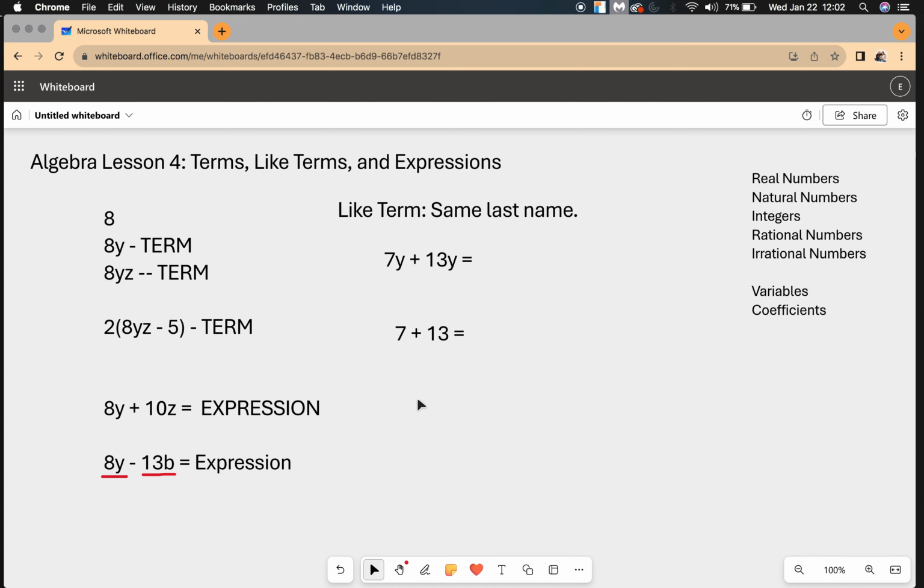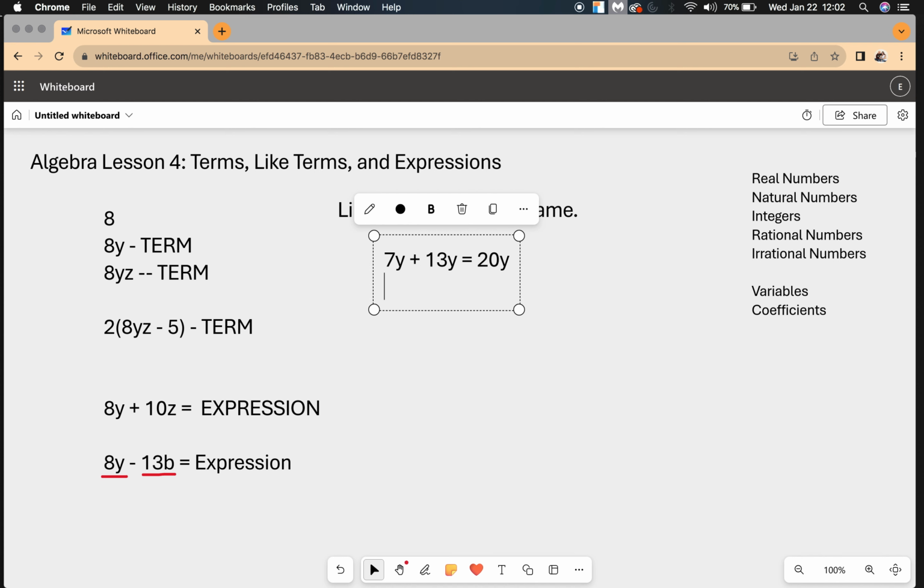That would be like trying to say that if your family is the Smiths and somebody else's family is the Joneses, you just add yourselves together and you're all one big family, but really you're not, because half of you are the Smiths and half of you are the Joneses. It just doesn't work. So you need to have the same last name in order for it to be a like term. But as soon as you do have like terms, just a y and a y, we can add that together as easily as any addition problem, and it just becomes 20y.